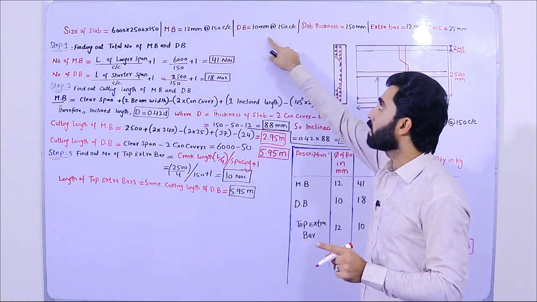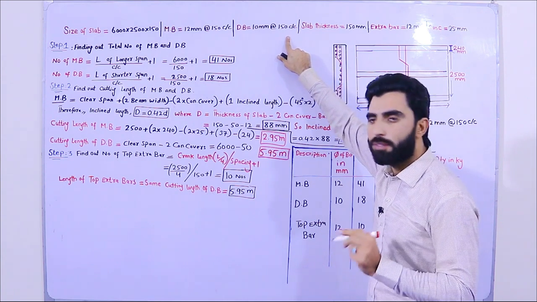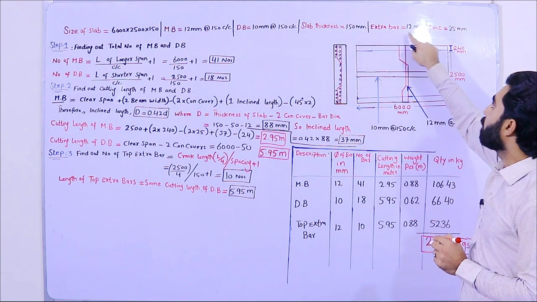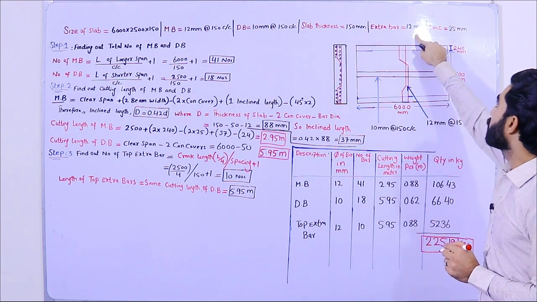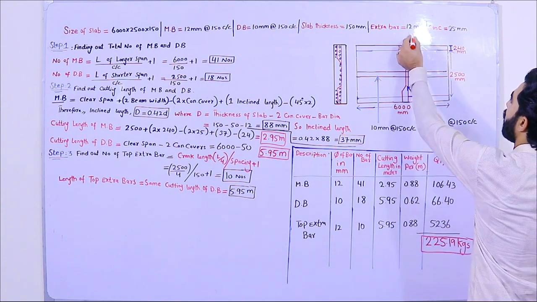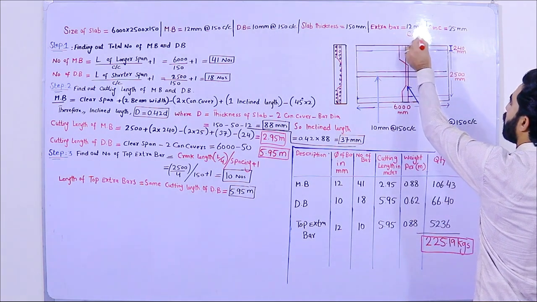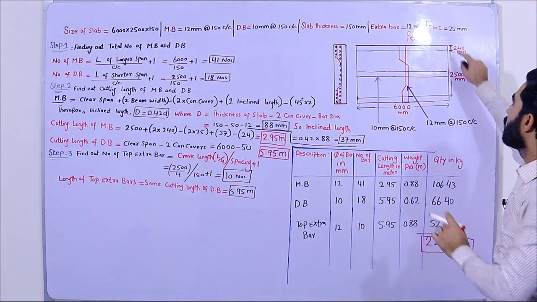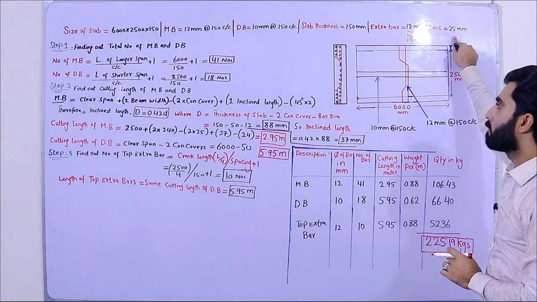Distribution bar dia is 10 millimeter with the spacing of 150 millimeter. Slab thickness is 150 millimeter. Extra bar are 12 millimeter with the spacing of 150 mm. And concrete cover is 25 millimeter.